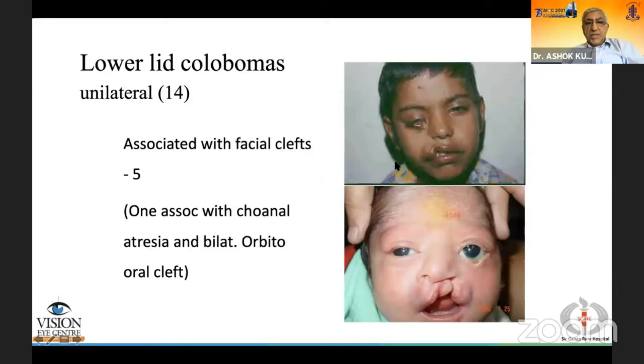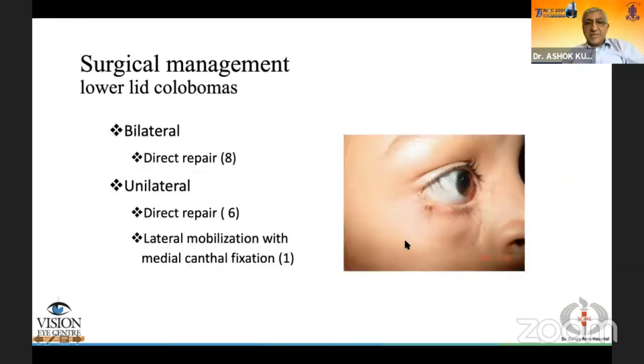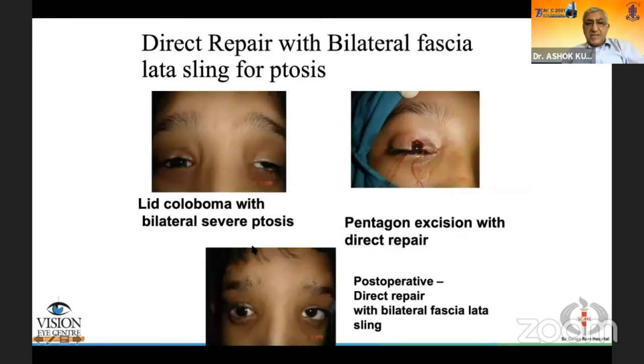Lower lid colobomas are largely with facial clefts and one with a rare choanal atresia and bilateral orbito-oral cleft. The repair is usually by direct repair in the smaller ones, but in other cases, a more complex repair may be needed where the defect is larger and there are other abnormalities.